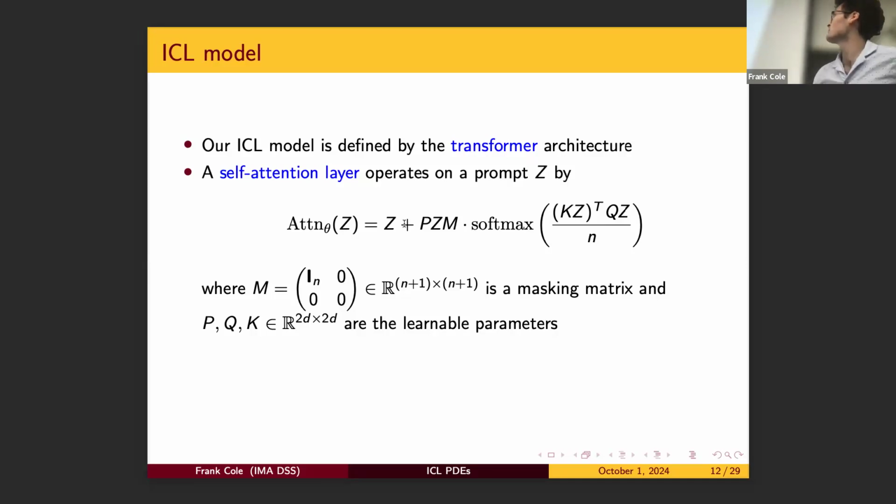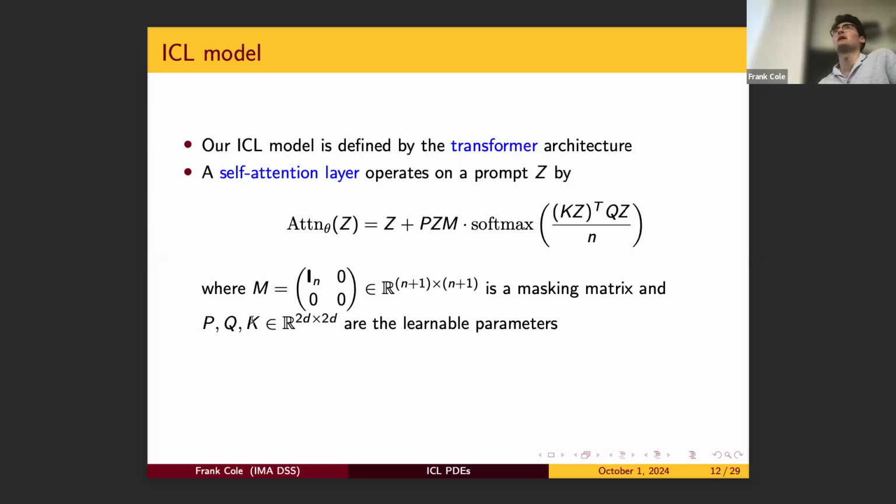There's a residual connection, and it's parameterized by these three learnable matrices, P, K, and Q. And there's a nonlinearity given by the softmax function: you have a sequence X, which is X_1 to X_n, then the softmax of X is another sequence of length n, and the jth entry will be e to the x_j over the sum over i of e to the x_i.